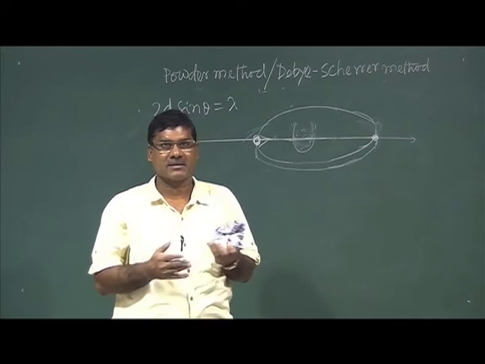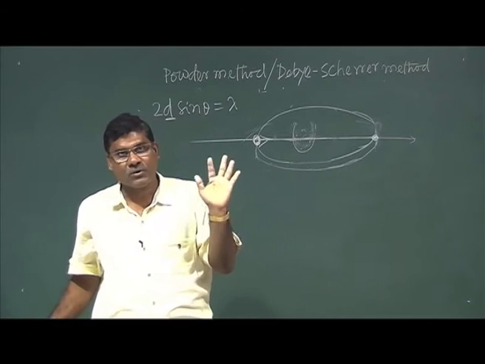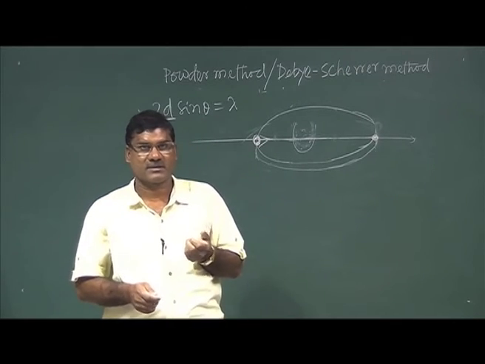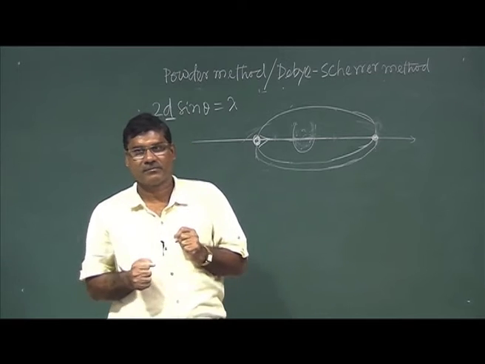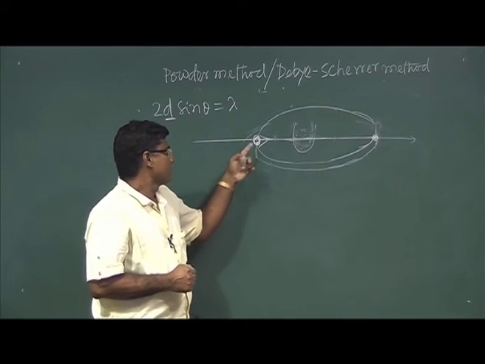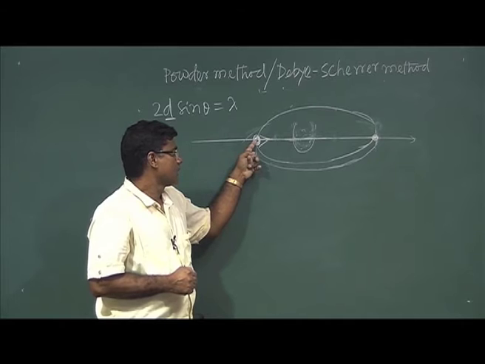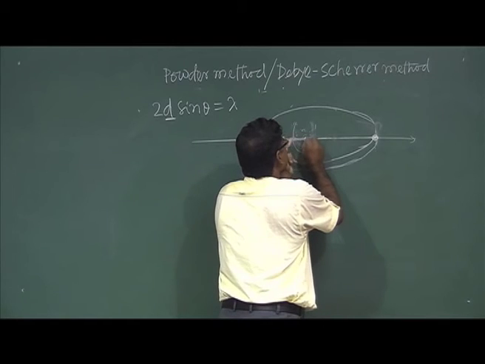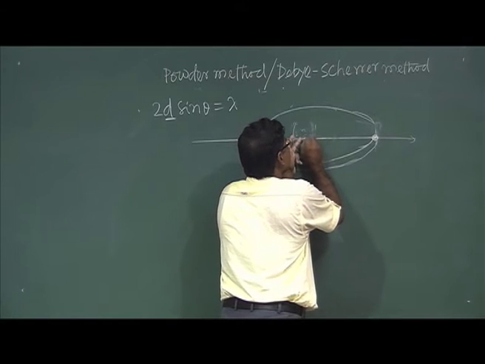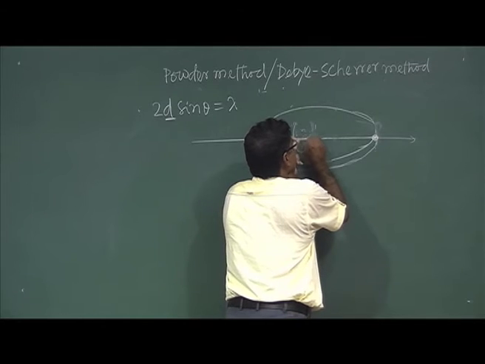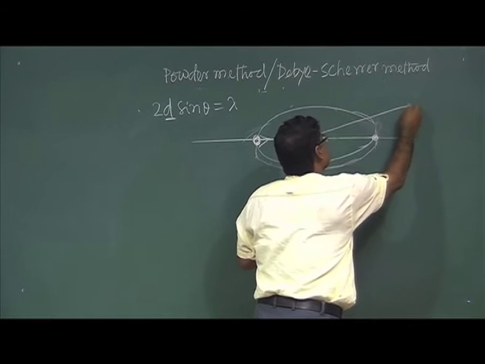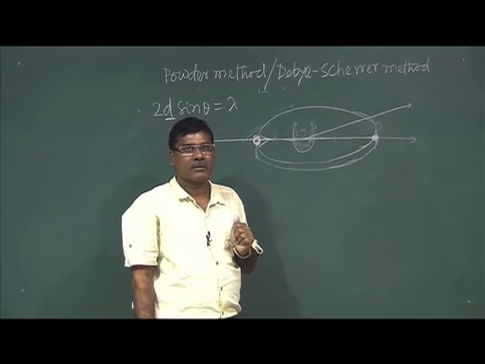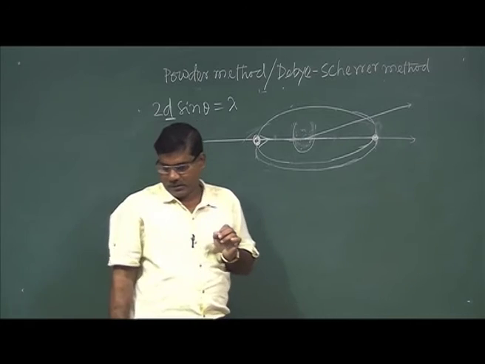Reflection will be in many directions, but we will consider those reflections which will give us constructive interference, the highest intensity, right. So if that is the reflected one from the 1 1 1 plane, what will happen?